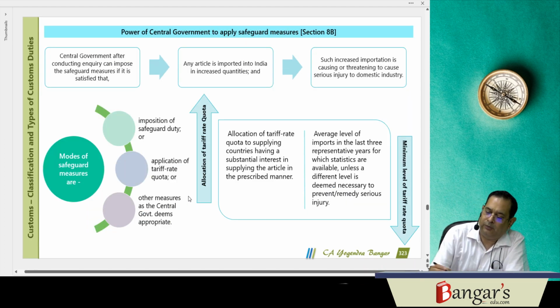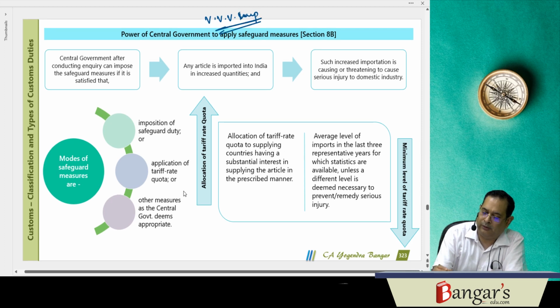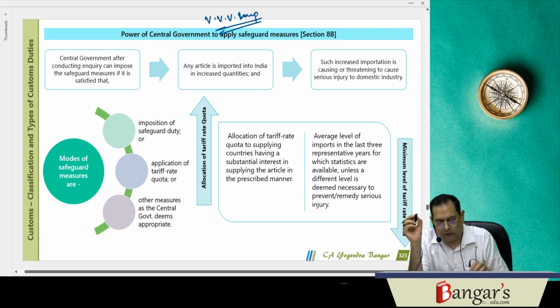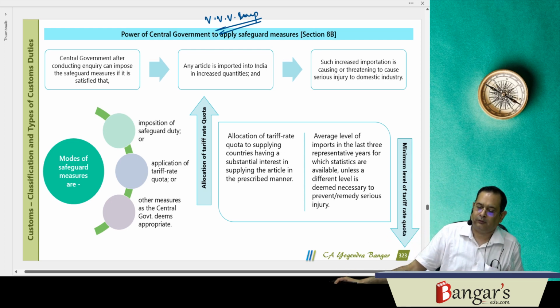Then section 8B, this is a very important one. That is safeguard measures. Power of the central government to levy safeguard measures, that is section 8B.